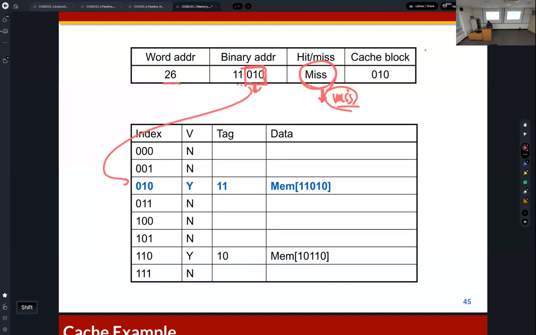So the request is given to the main memory. And then the data is transferred from the main memory, and this transferred data is stored in the cache. But where? That's 010. So the tag is stored, the data is stored, and then the flag is changed to valid.